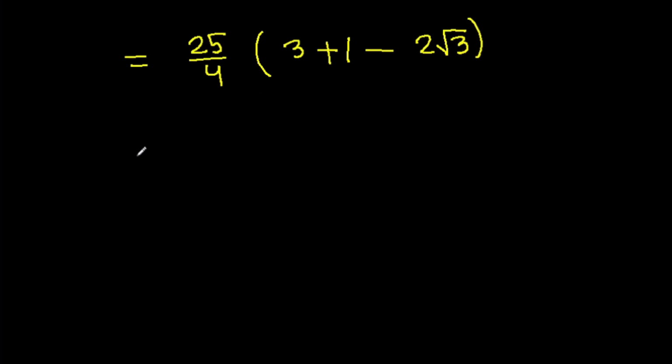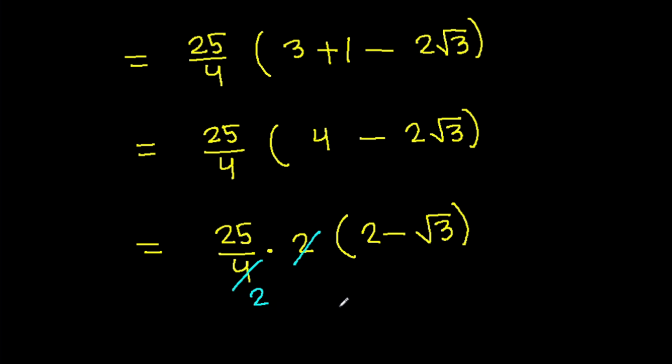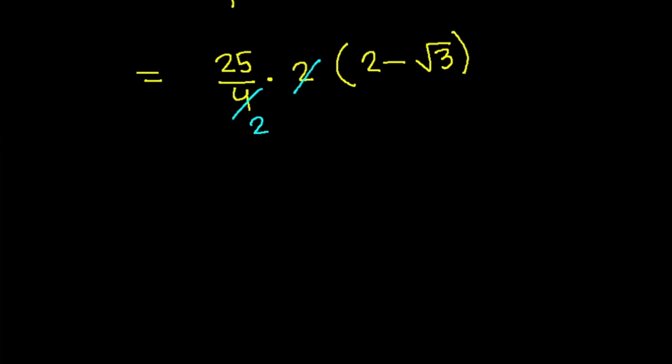And it is 25 over 4 times 4 minus 2 times root 3, and here we can take 2 common, and it will be 2 minus root 3, and 2 times 2 is 4, so it is 25 over 2 times 2 minus root 3.